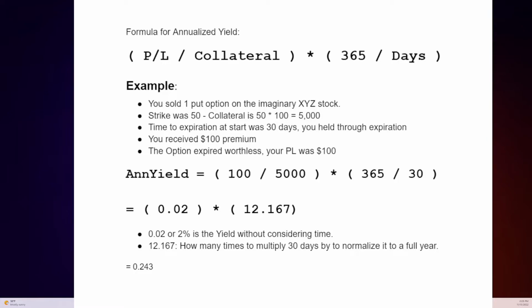The 0.02 is 2%, or that is the yield without considering time. The 12.167 is how many times you need to multiply 30 days by to normalize it to a full year. And the final number you end up with is 0.243. So rounding, you made about 24.3% in annualized yield in this example.